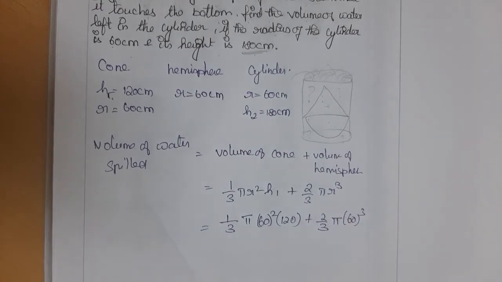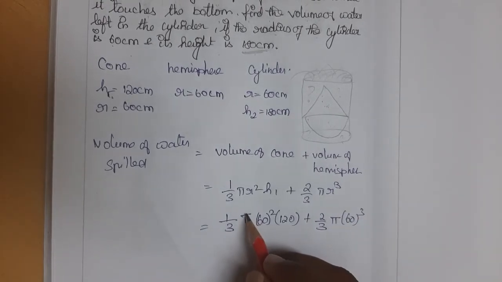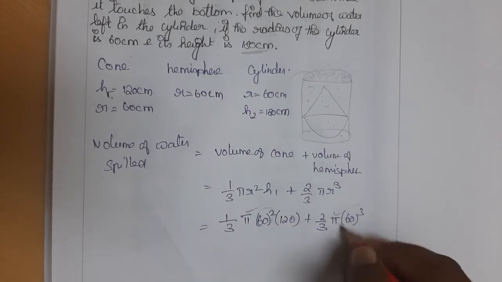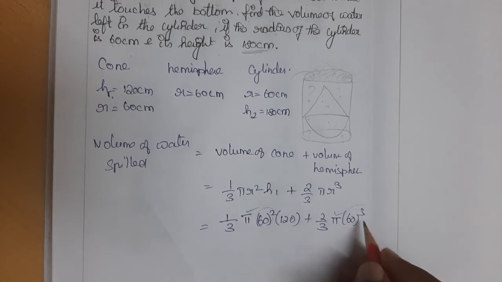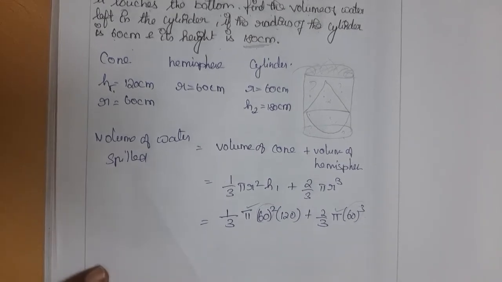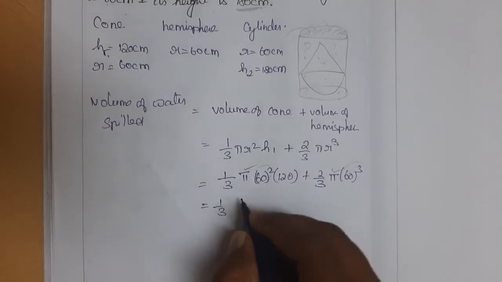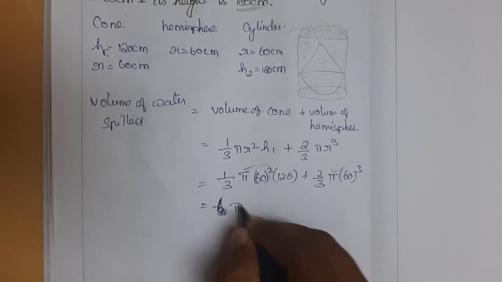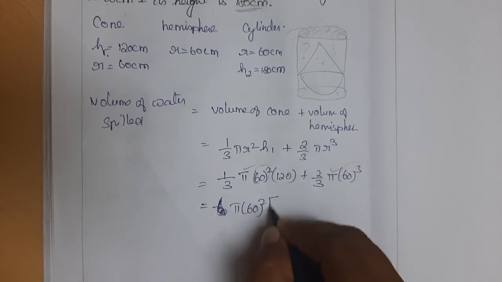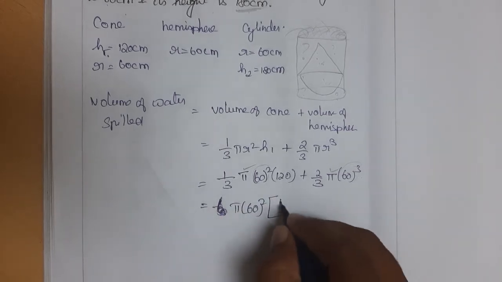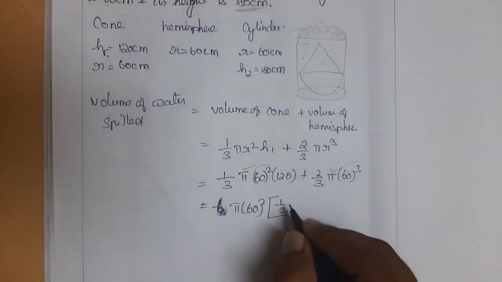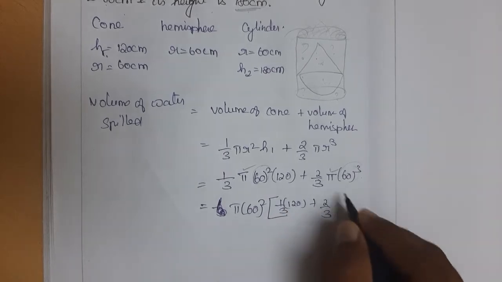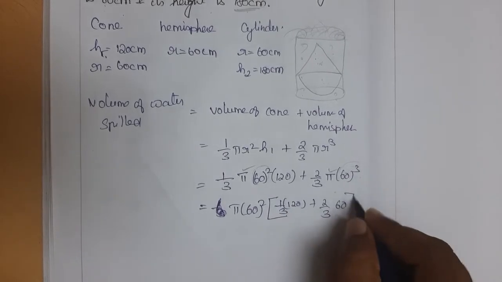So what is common that we can take outside? Pi and 60 square we are going to take out. The rest is 1 by 3 into 120, plus 2 by 3 into 60, since the cube leaves one 60 outside.